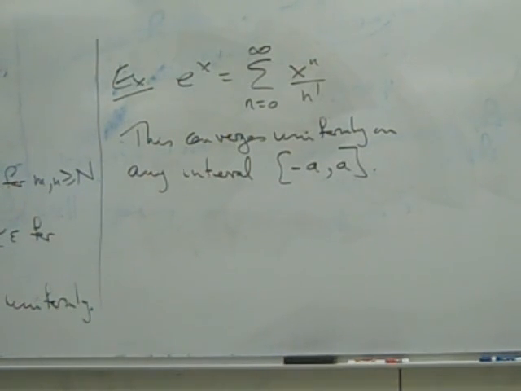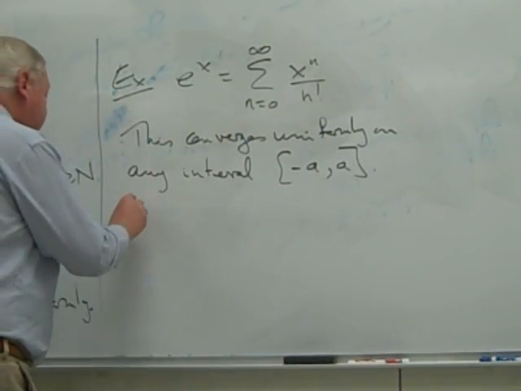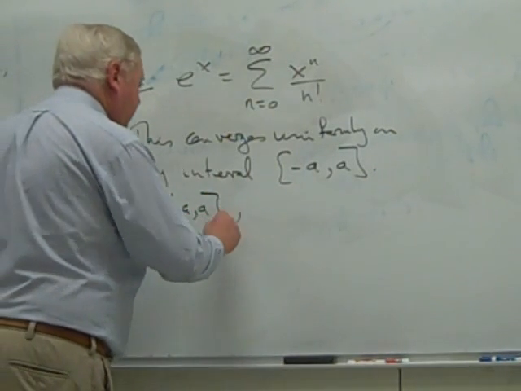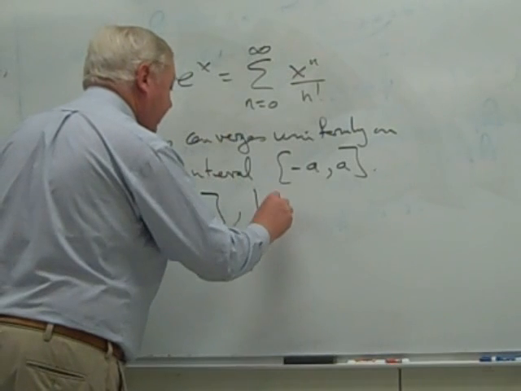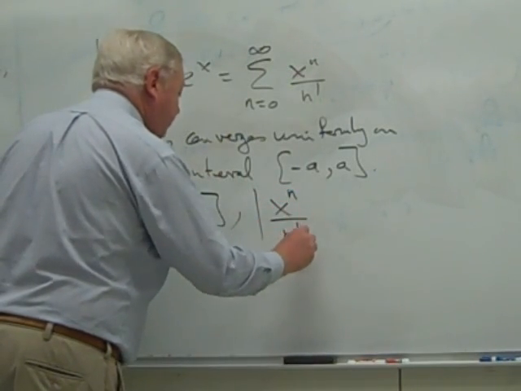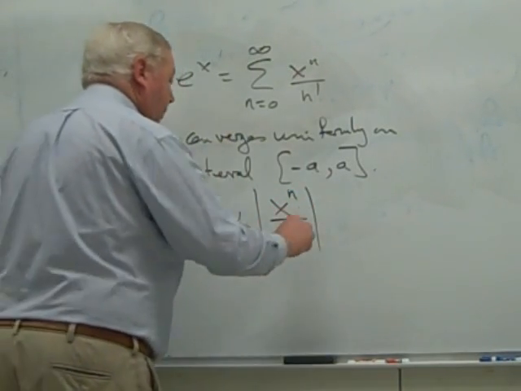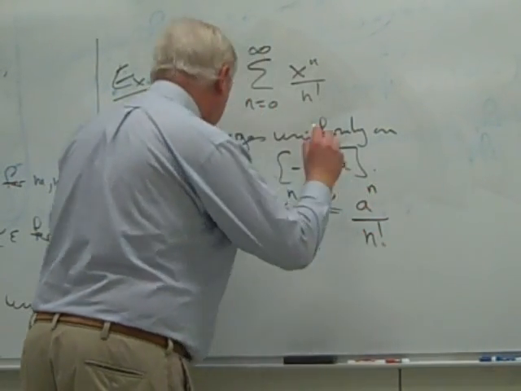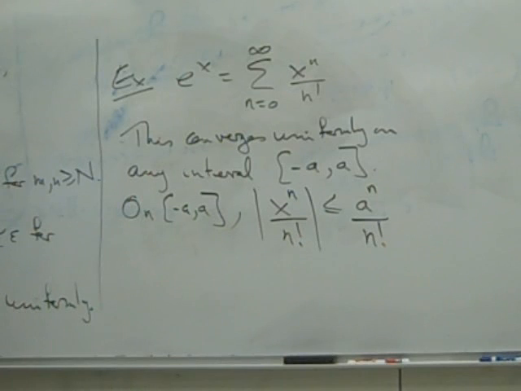And the reason is that if we look at individual terms on that interval, how large can x to the n over n factorial be? Well, it can't be any bigger than a to the n over n factorial. So those are the capital M sub n's of the Weierstrass M-test.